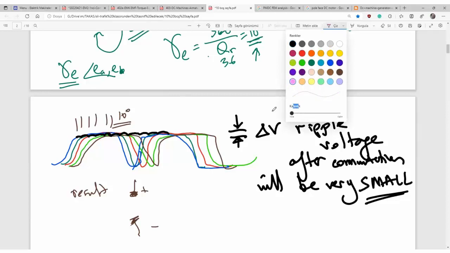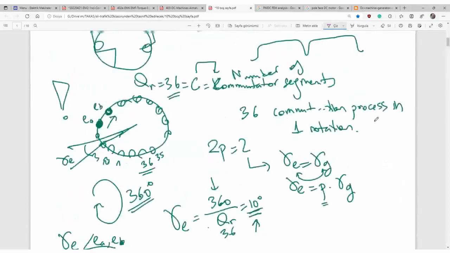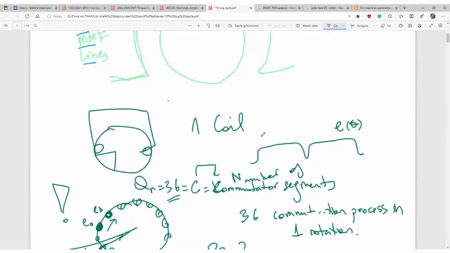Now you understand that the figure will be like this. The rectified voltage will be like this. It depends on how you distribute B theta.